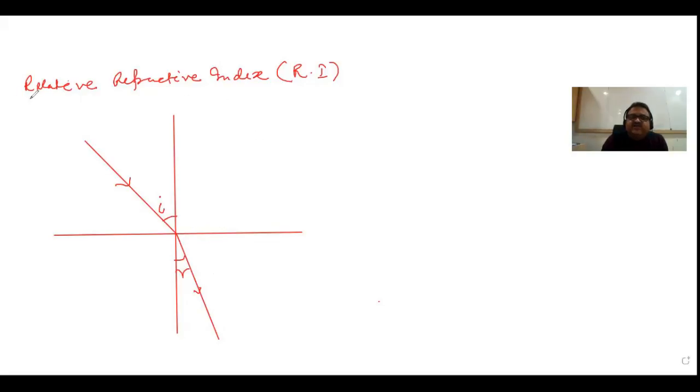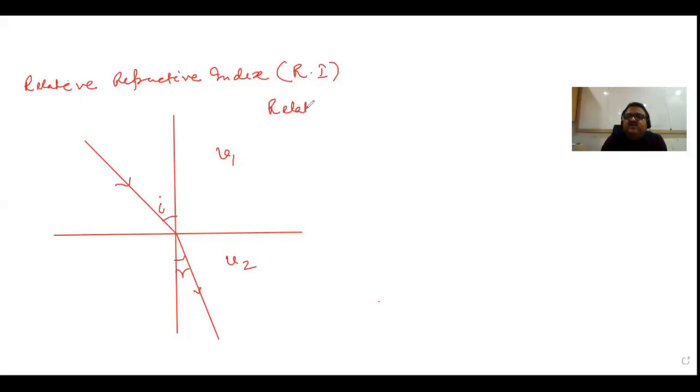So relative refractive index means what? Suppose light is moving from medium 1 to medium 2. So the definition of relative refractive index, and the speed of light in the medium 1 is v1 and in medium 2 is v2. So we write it like this.